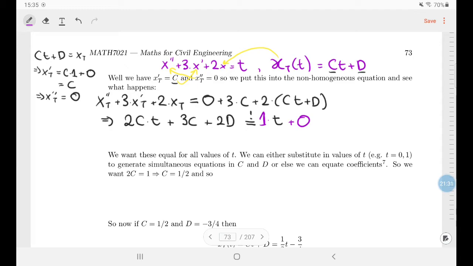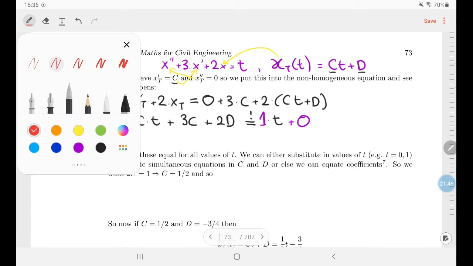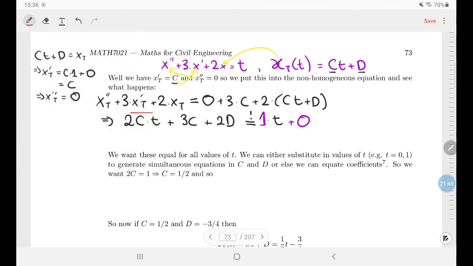Now, is it possible that there's no pair of values that does it? Yes, but we won't worry too much about that. If it happens, it happens. It turns out what we can do is compare coefficients. So if you look at the t on the left, it's multiplied by 2c.